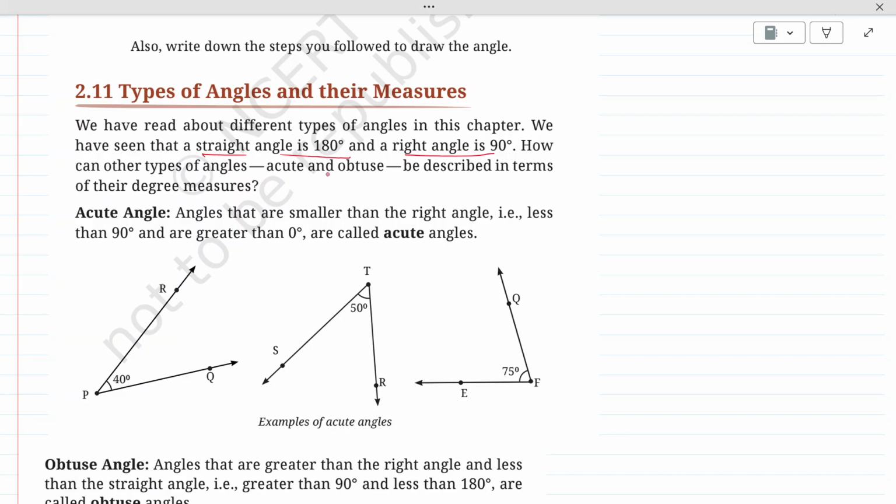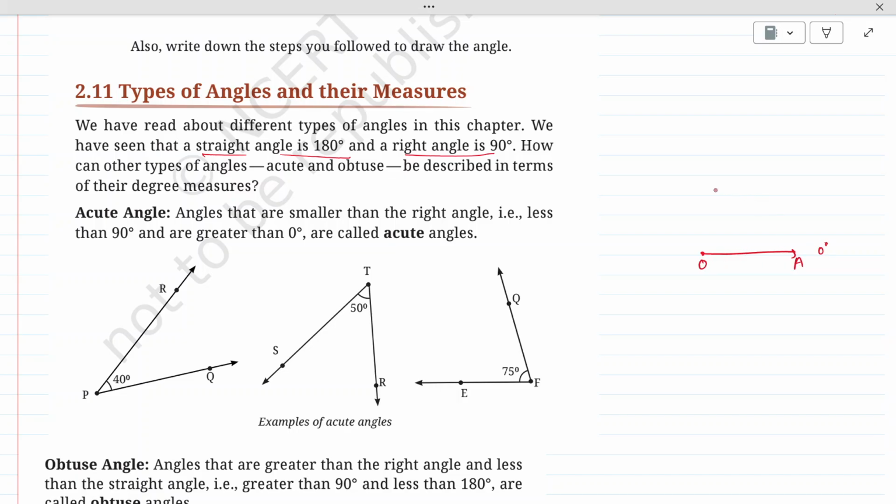We know that an angle of 90 degrees is a right angle, and any angle which is less than 90 degrees is called an acute angle, right? Marking here, this is O, this is A, and this is 0 degrees.